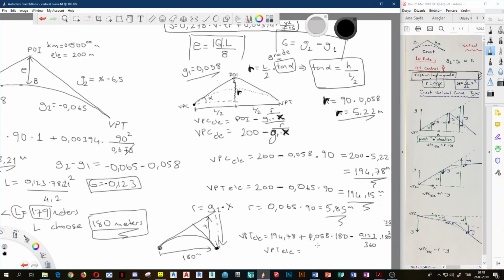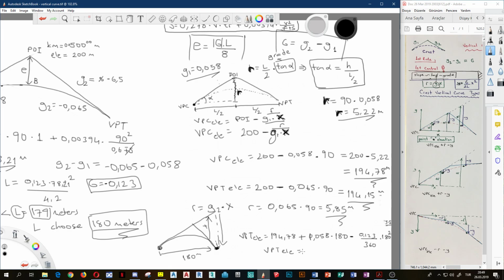I am trying now, 194.78 plus 0.058 times 180 minus 0.123 divided by 360 times 180 squared.